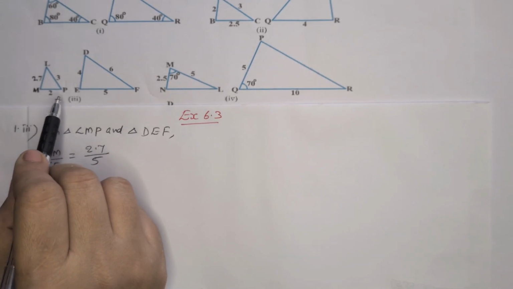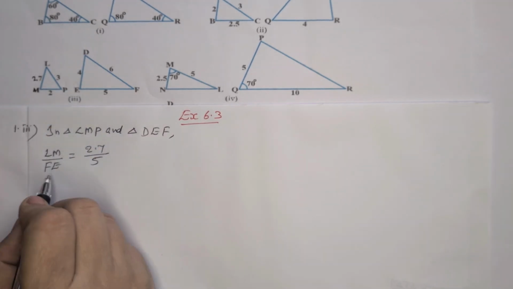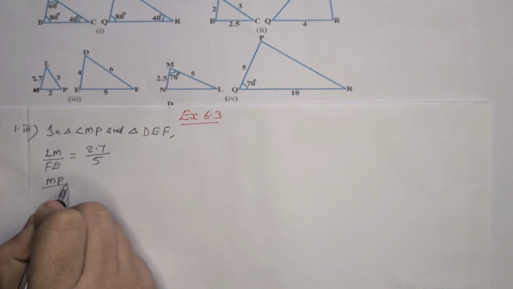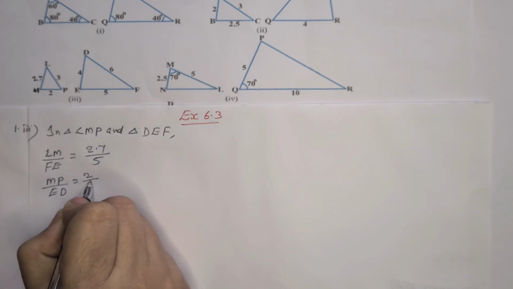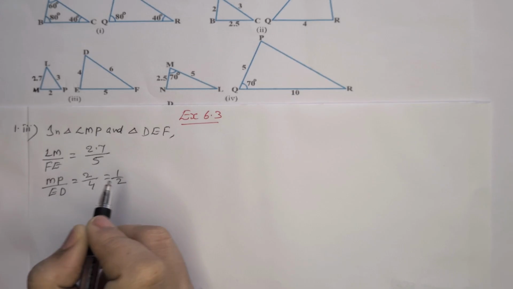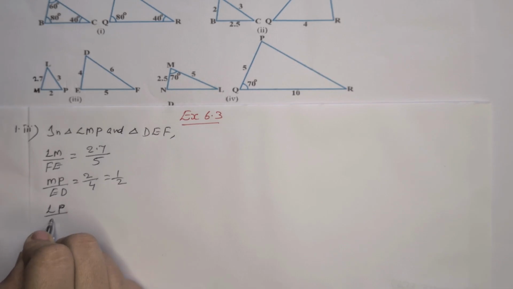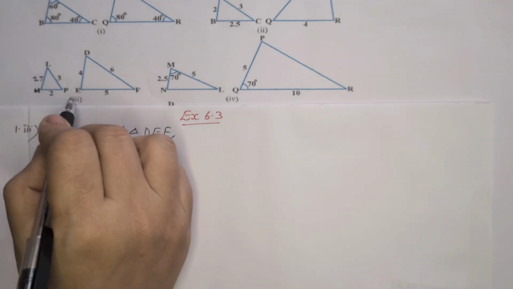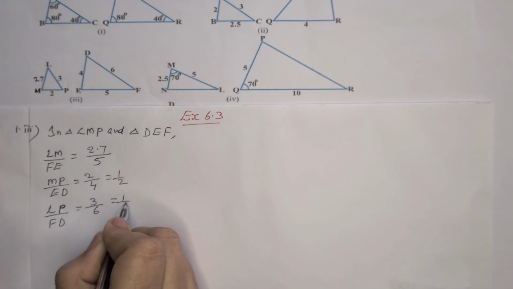Then MP corresponding to that ED. MP by ED is equal to 2 by 4 is equal to 1 by 2, third side. LP by FD. LP is 3, FD is 6. 3 by 6 is equal to 1 by 2.